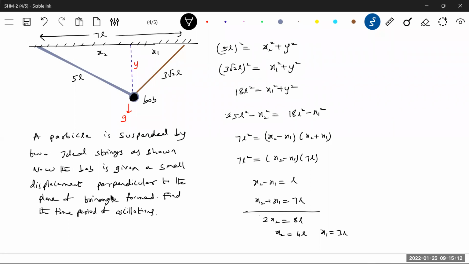I'll substitute in any one. 18L square, x1 square is 9L square plus y square, 3L. Okay, then the time period of oscillations will be 2 pi under root of y by g.